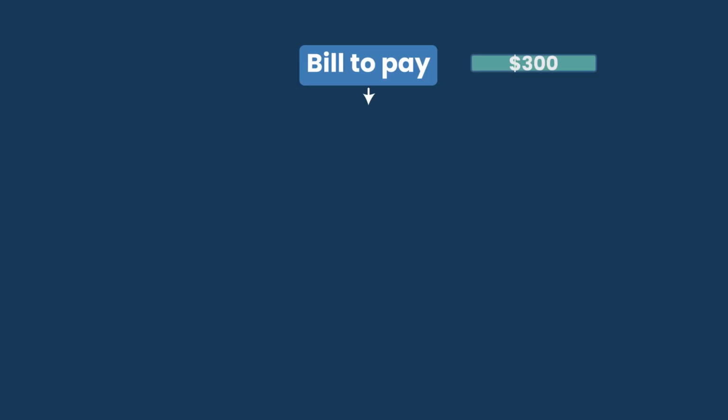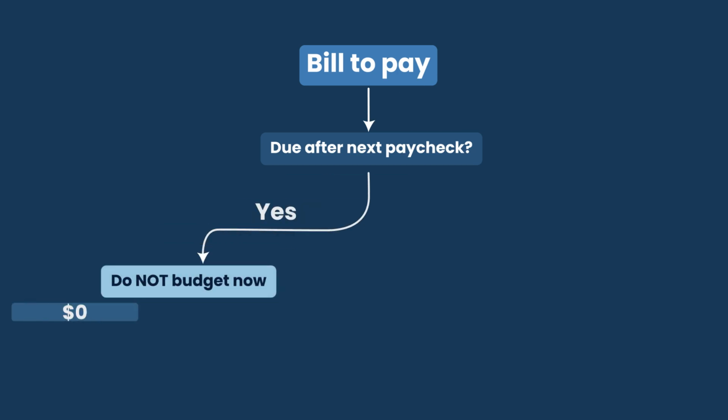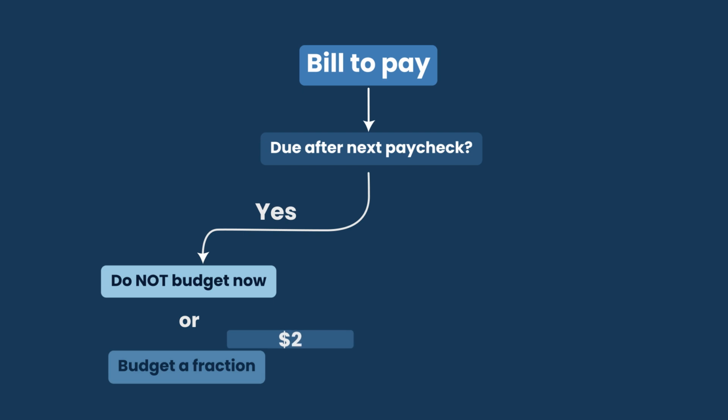Sometimes you'll have a bill, like rent, but not enough money for it. Here's what you can do. If the bill is due after the next paycheck, don't budget for it yet. Alternatively, you can set aside part of the amount now and the rest after the paycheck arrives.